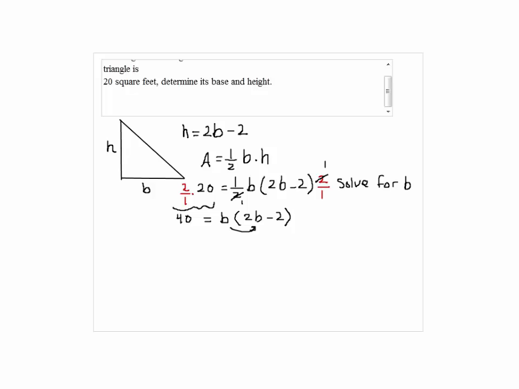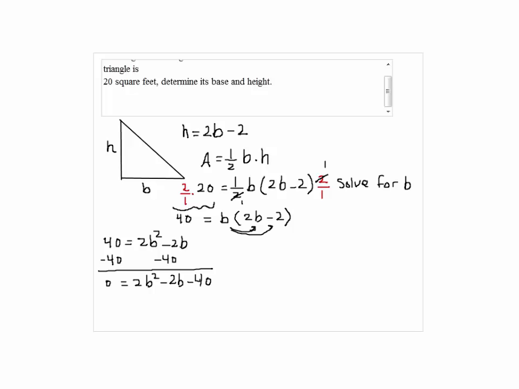Here I have 1/2. I can multiply both sides of the equation by the reciprocal of 1/2, which is 2. So if I multiply both sides of the equation by 2 over 1, then I would get on the left hand side 40, and 1/2 and 2 would reduce to 1.